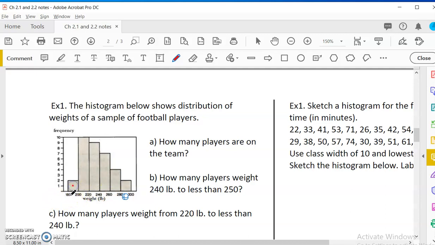So this means the data values are from 180 to 200, and that's two of them, right? Two means two of them. And 200 to 220, there is what? 10 of them. So there's 10 data from 200 to 220. So 10 is not the data value. 10 is the frequency. There are a lot of values from 200 to 220 around here.